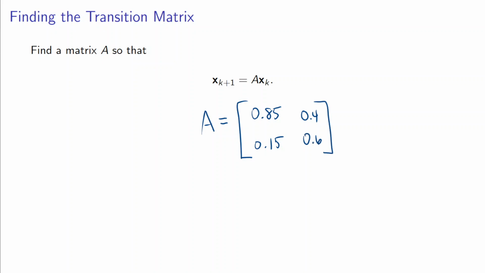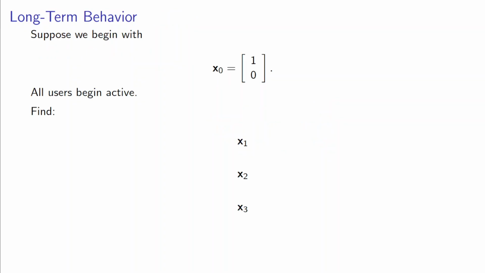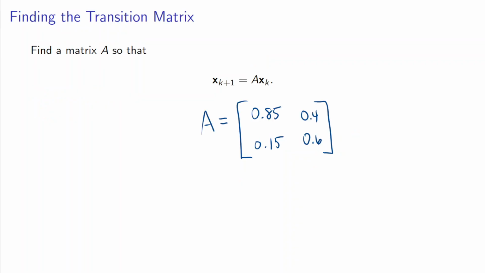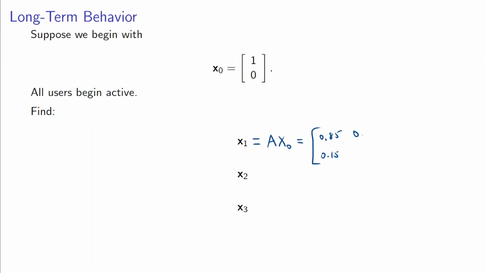And then we can use this matrix to compute what's going to happen as we progress. So suppose we begin with x0 is (1, 0), then x1 would be Ax0, which would be the matrix with columns (0.85, 0.15) and (0.4, 0.6), times (1, 0).